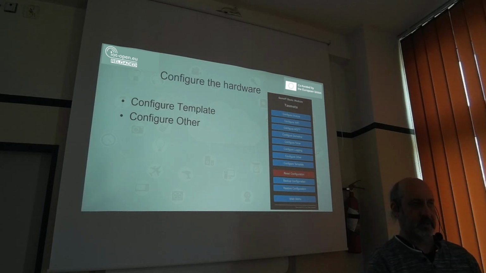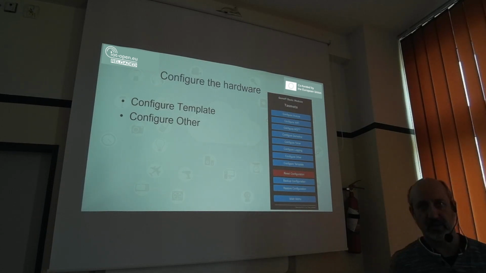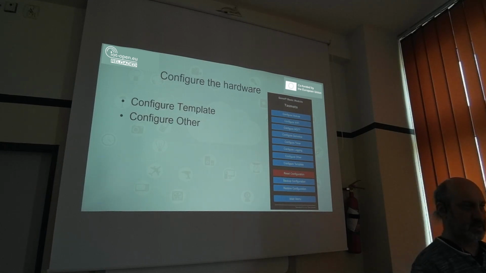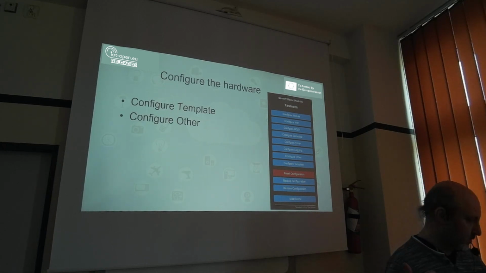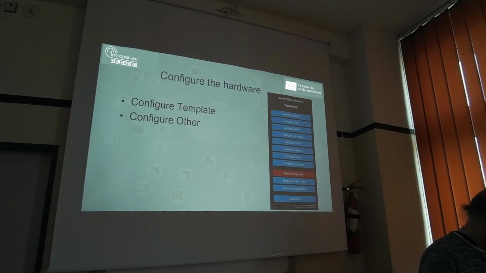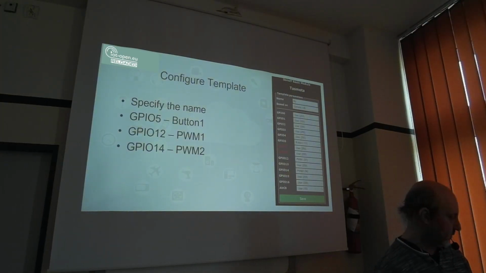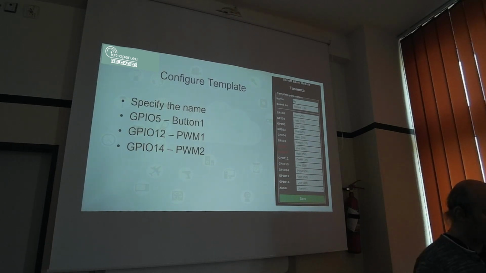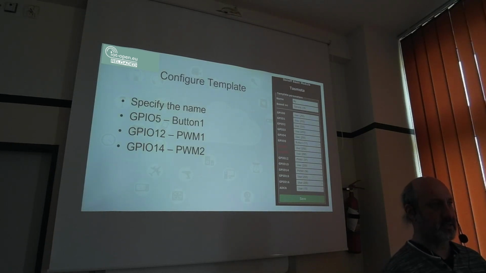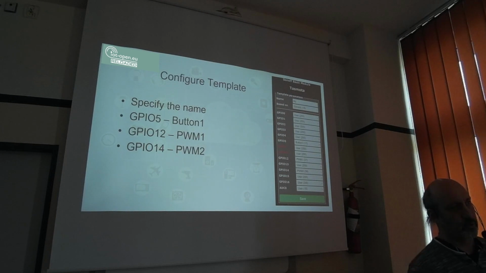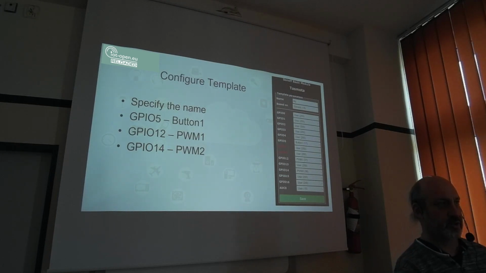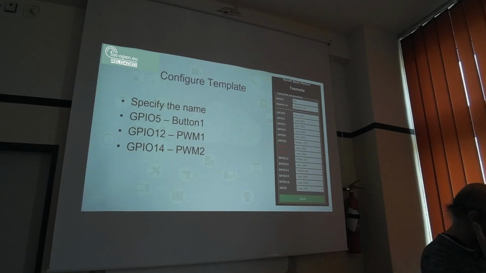If our device is compatible with some other device and we have the template for it, we can use the template. If not, we can use other and configure which GPIO pin is responsible to control or to read the data from which sensor or actuator.